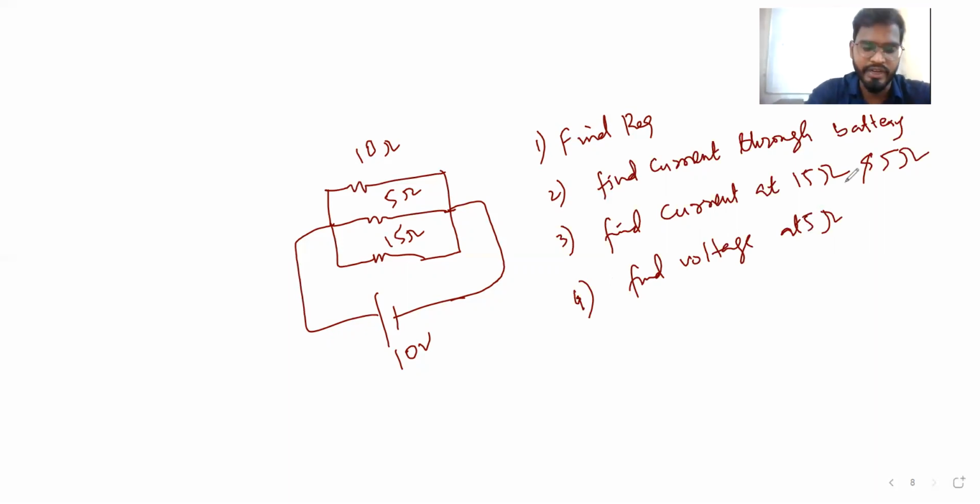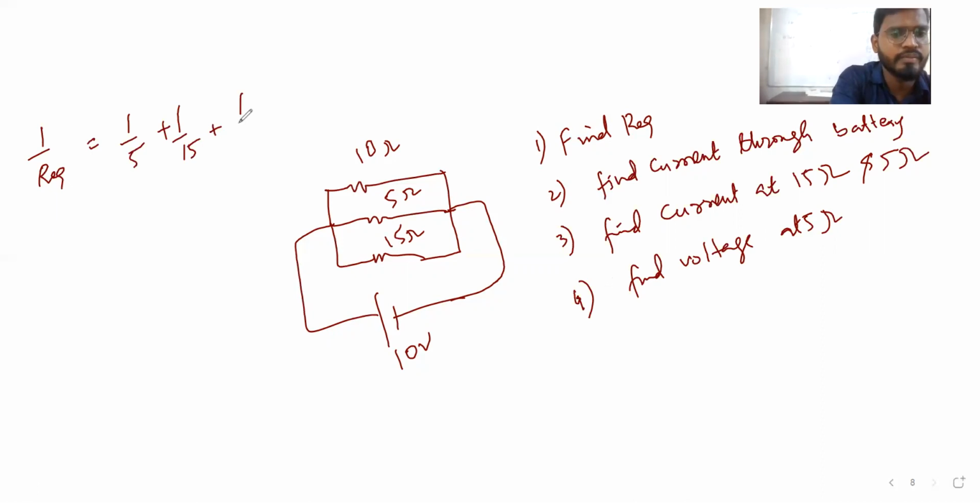Find first R equivalent. We know 1 by R net is equal to 1 by R1 plus 1 by R2 plus 1 by R3, right? So 1 by R equivalent is equal to 1 by 5 plus 1 by 15 plus 1 by 10. If you take LCM, it is going to be 60, right?